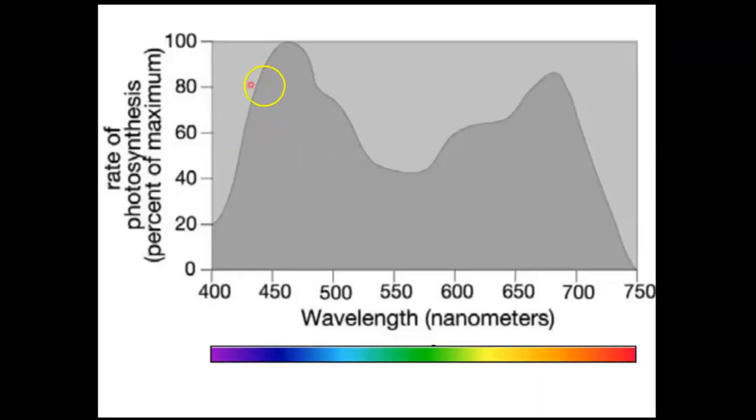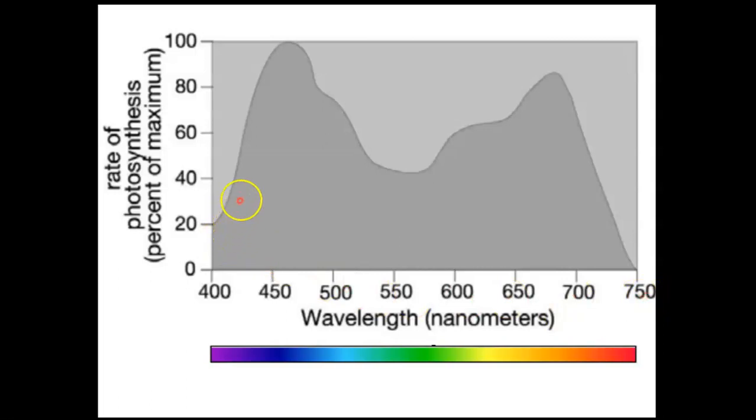And here is a graph. On the x-axis, we see the wavelengths of visible light. A nanometer is a billionth of a meter, so these are incredibly small distances. So your purplish color is around 400 nanometers wavelength, and your red, far red, really strong red color is around 750 nanometers.